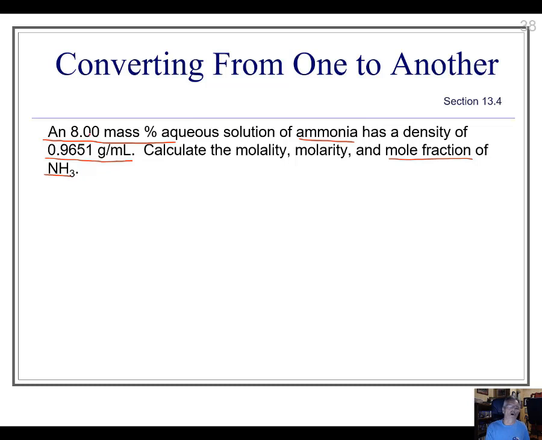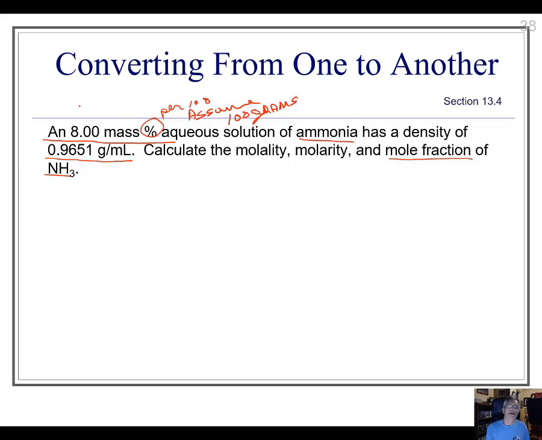So first of all, what is mass percent? Well, remember, percent is per 100. So whenever you're given a percent and you don't have a total mass already, you just go ahead and assume a total mass of 100 grams. And if you assume a total mass of 100 grams, percent becomes a piece of cake.